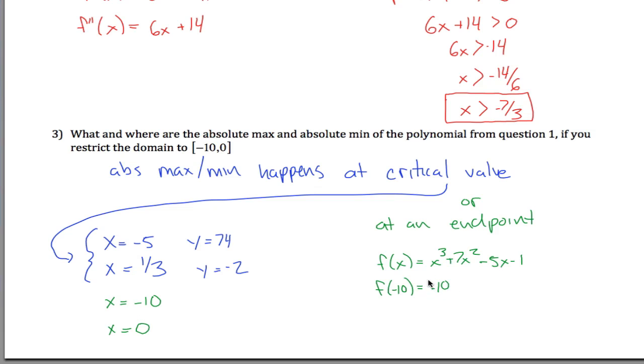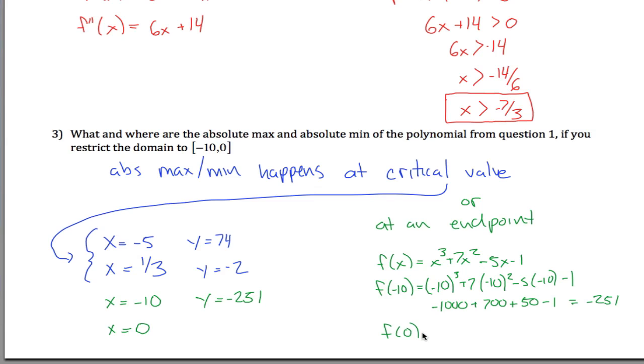That's negative 10 cubed plus 7 times negative 10 squared minus 5 times negative 10 minus 1. Negative 10 cubed is negative 1,000. Negative 10 squared is positive 100. You multiply it by 7, you get 700. Negative 5 times negative 10 is 50 minus 1. So 750 minus 1,000 is negative 250 minus 1, negative 251. And f of 0, if you plug in 0 everywhere, you just get negative 1.